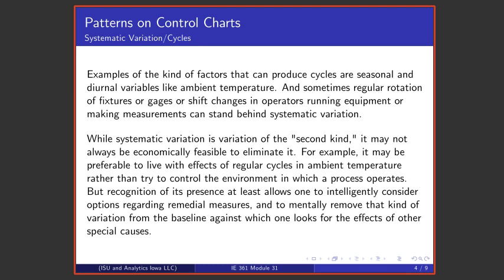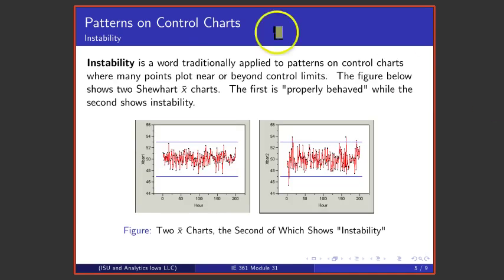Systematic variation like this is variation of the second kind. It may not always be economically feasible to eliminate it, but recognizing its presence at least allows one to consider options regarding remedial measures.